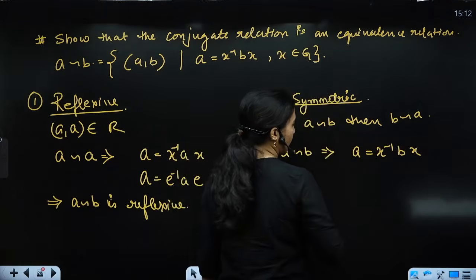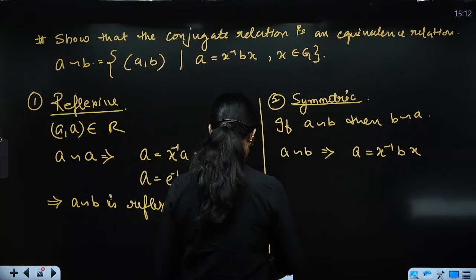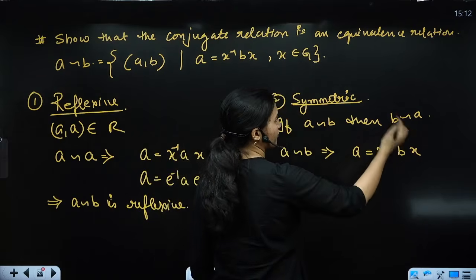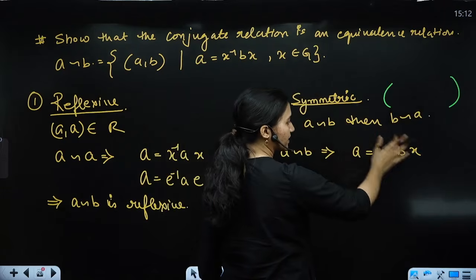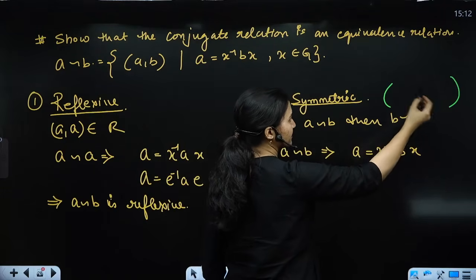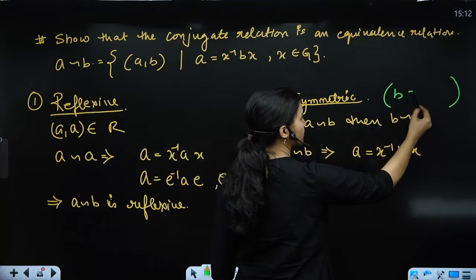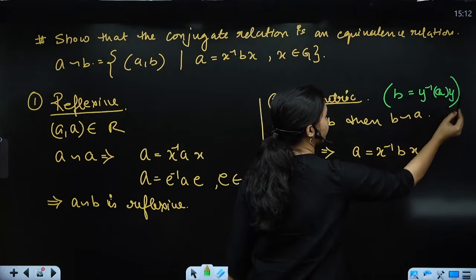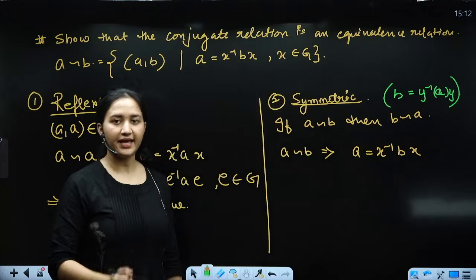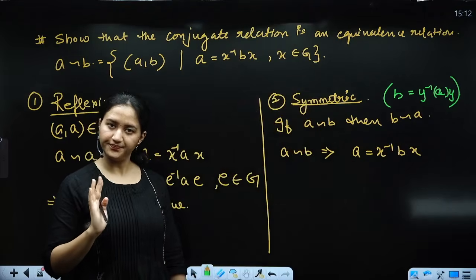Okay. Now here it is important to visualize what I want from this proof, right? I want to convert this into such a form that it gets converted to b equals, let's say, y inverse a y. I need this form, only then can I say that b is also a conjugate of a, right?